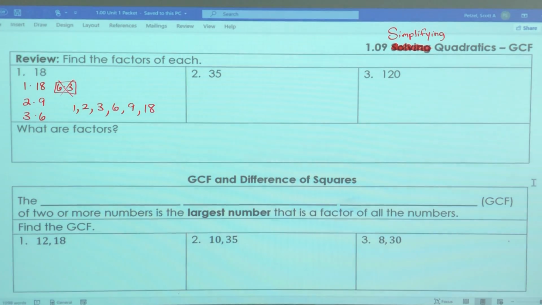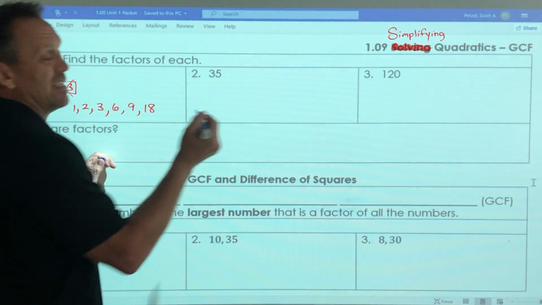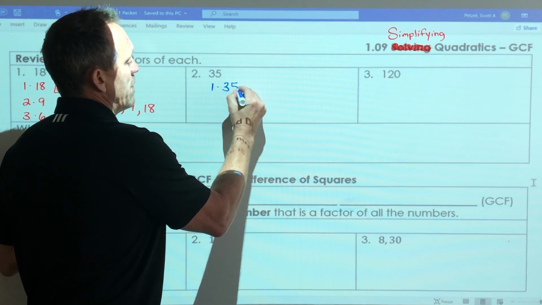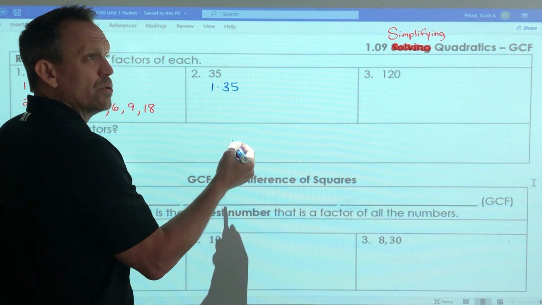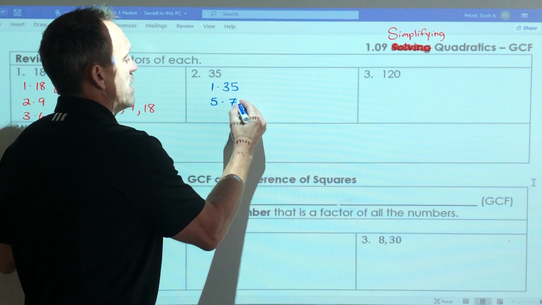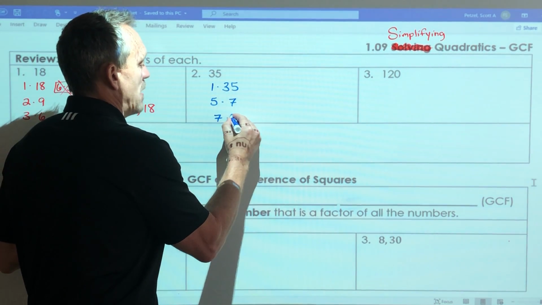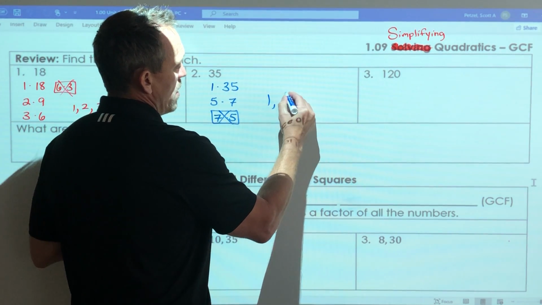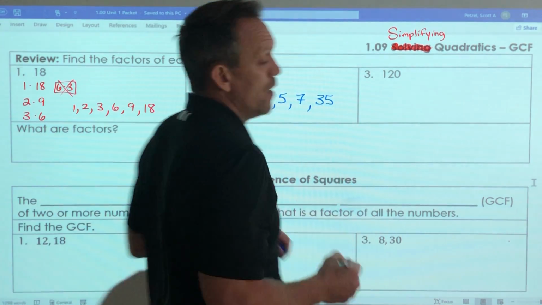Those are my factors of 18. When I do 35, same thing, two numbers multiplied together: 1 times 35, 2 no, 3 no, 4 no, 5 yes, 5 times 7, 6 no, 7 times 5. I repeat, so I stop. So my factors are 1, 5, 7, and 35.